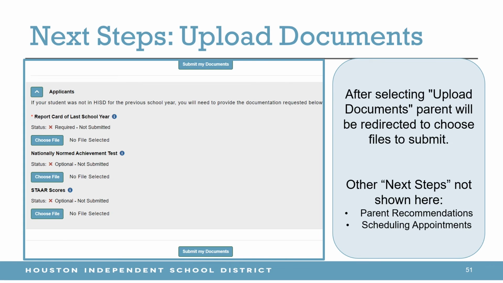In this example, the parent has been asked to upload a report card of the last school year, a nationally normed achievement test, or STAR scores. Other next steps not shown here: parent recommendations and scheduling appointments. Scheduling appointments is for fine arts schools, and parent recommendations are for GT programs.